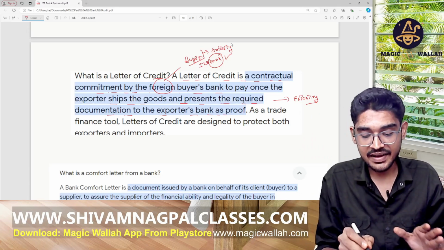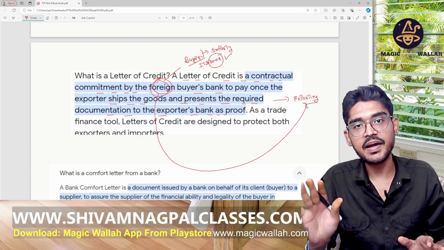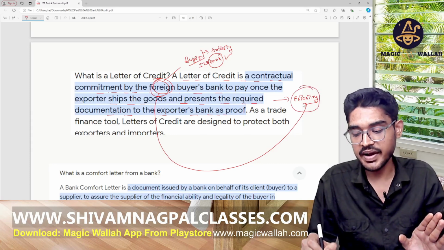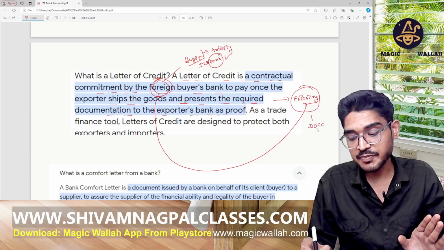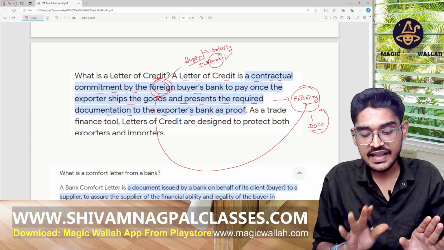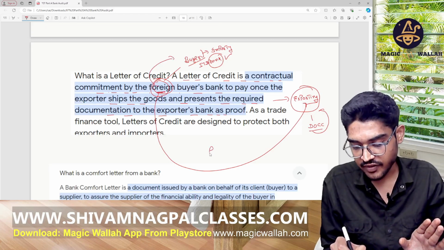So the buyer's bank in India will give a letter of credit to the foreign exporter's bank. Once this exporter submits the documents with the exporter's bank that they have made the export to India, after that the Indian bank of the buyer will give the letter of credit.